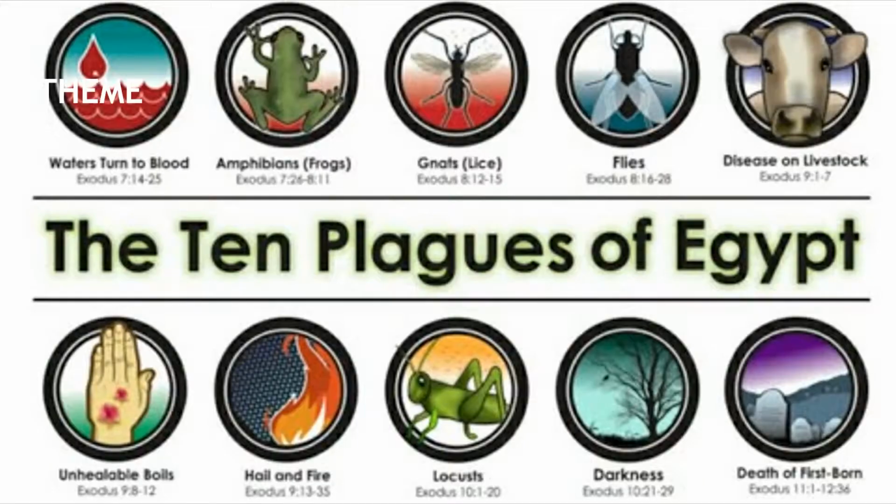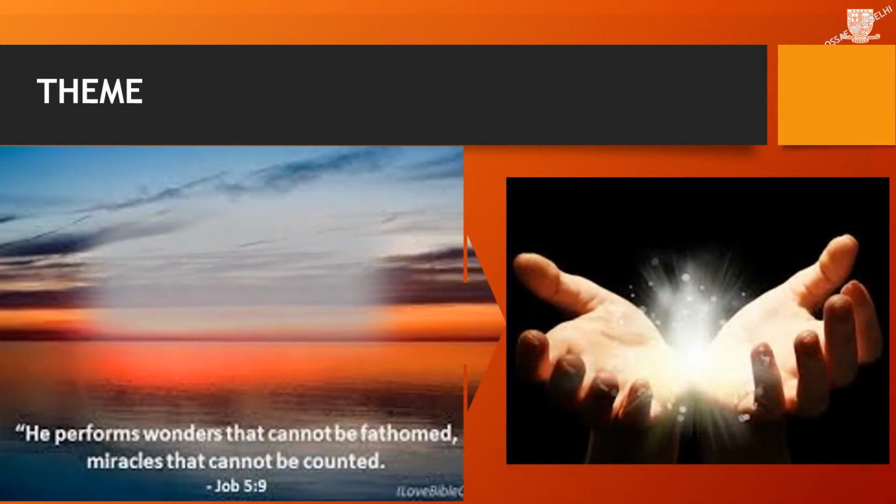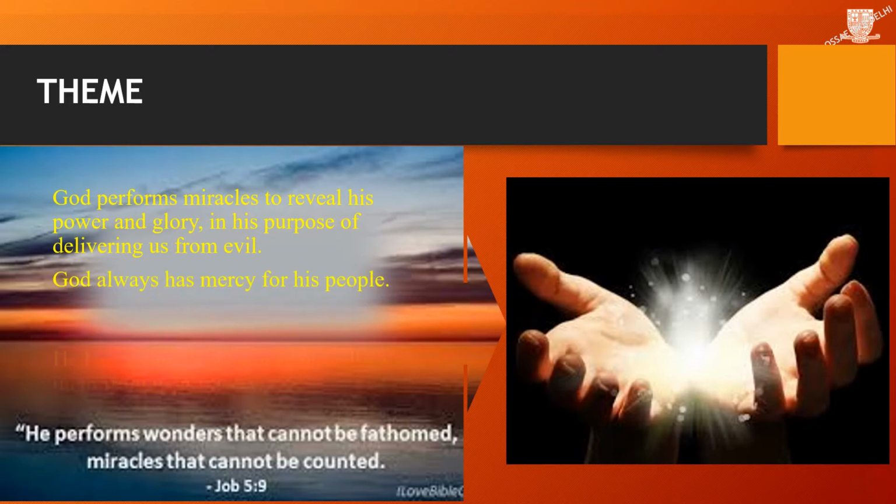In this chapter, children, we are going to learn how God sends 10 plagues on the land of Egypt for the sake of rescuing the Israelites who were being held there as slaves in Egypt. We will learn how God performs miracles to reveal His power and glory in His purpose of delivering us from evil.